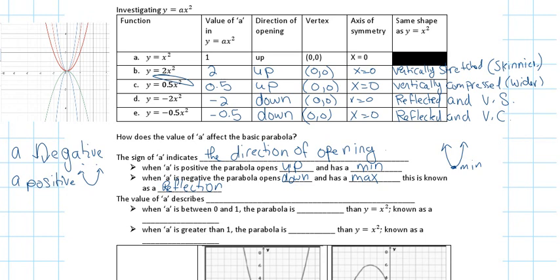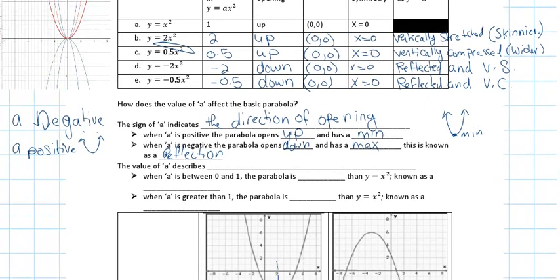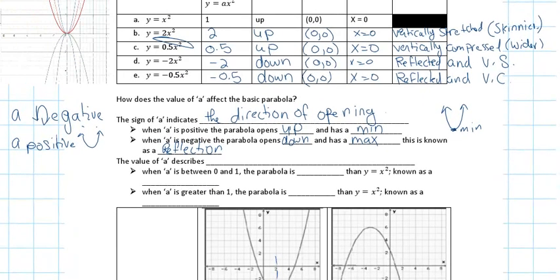The value of A describes the shape of the parabola, so if it's going to be wider or skinnier, regardless of the sign. The negative only indicates reflection. When you have a negative, you just say reflection and forget about that negative idea.